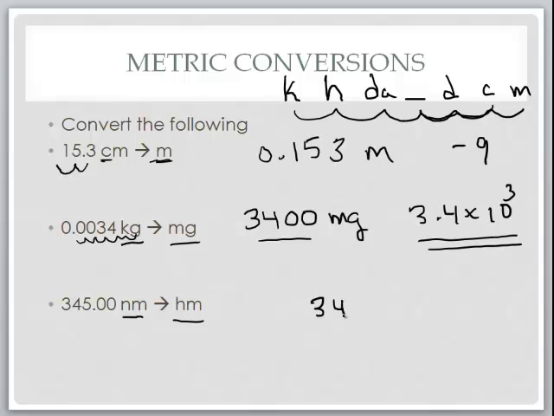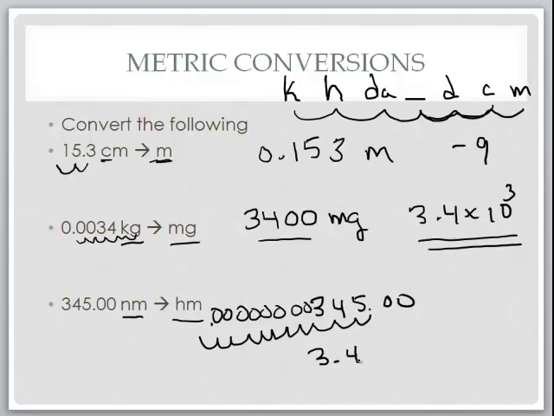So 345.00, 1, 2, 3, 4, 5, 6, 7, 8, 9, 10, 11. So we would have to tack on 8 zeros. Now clearly we wouldn't want to write that number like that, so we would write it in scientific notation, and that would be 10 to the negative 9th.